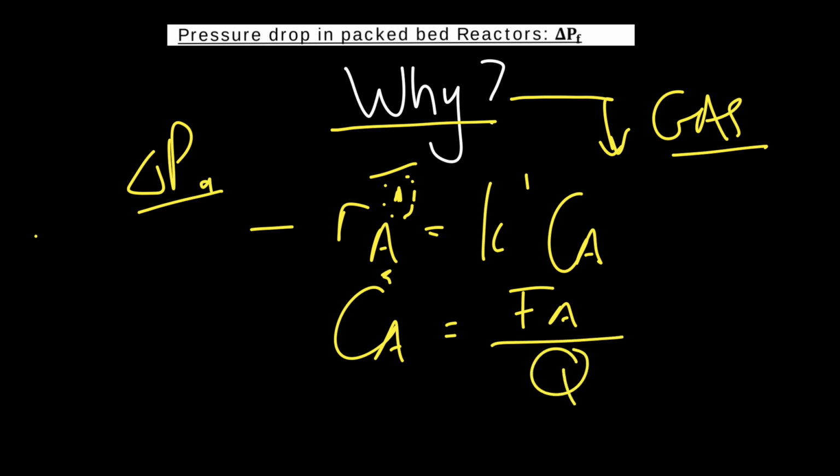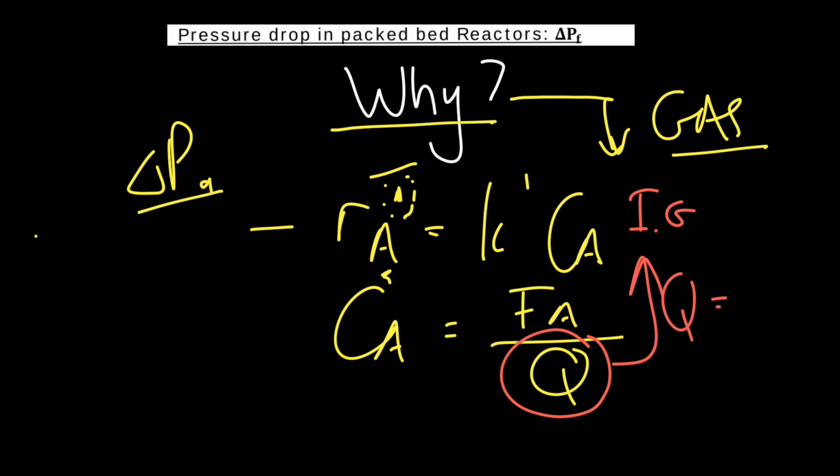And the volumetric flow rate, if I have a gas phase reaction, and we are always going to assume ideal gas behavior, I can calculate this volumetric flow rate using my ideal gas law. Therefore, I need the total amount of molar flow, F_T, R, T, divided by the pressure at that point in my reactor.